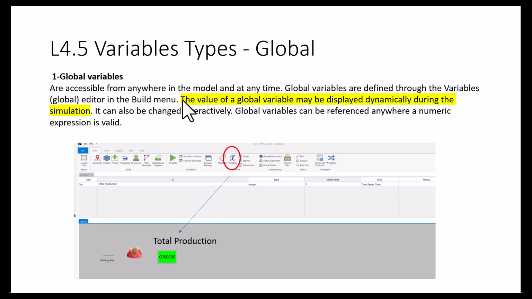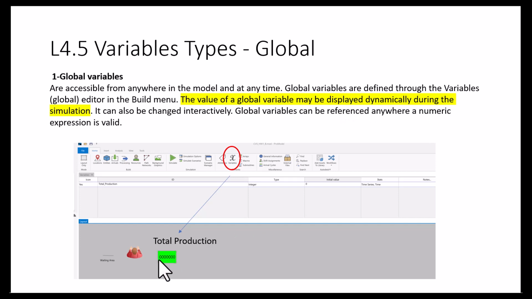Global means global within the simulation model. At any part of the model, any location, you can start tracking any of the variables that we just mentioned, and you can access those anywhere in your process map. The value of the global may be displayed dynamically during the simulation.